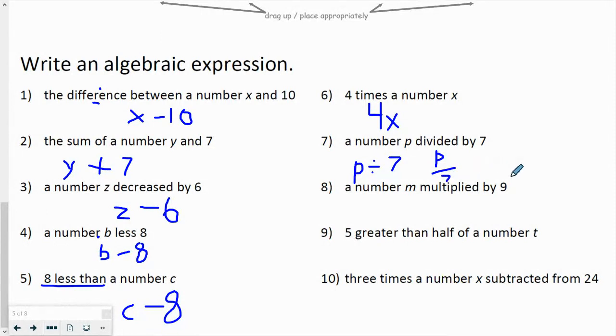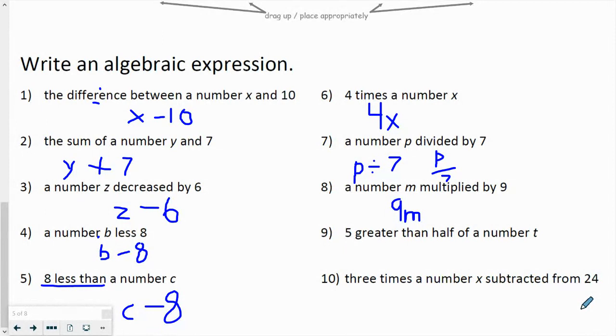Those are the same ones. Okay? 8, a number m multiplied by 9. Okay, so once we know we're multiplying, but we're going to put our coefficient first. I'm going to put my 9 and then my m. So I have 9m. That means we have 9 sets of whatever this m value is.